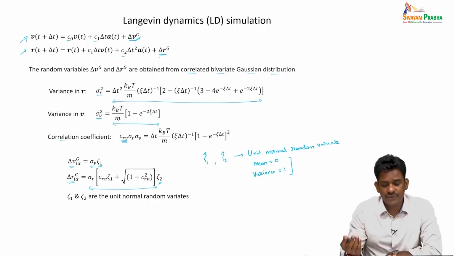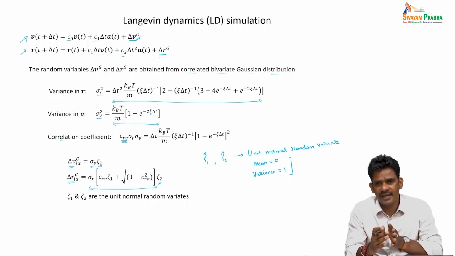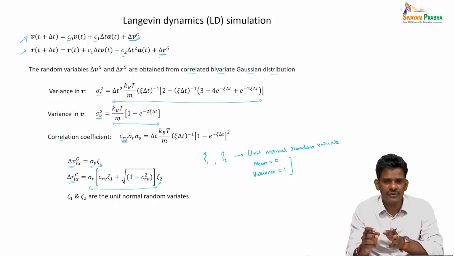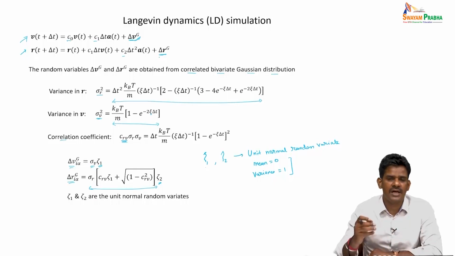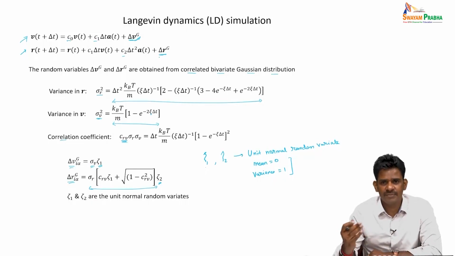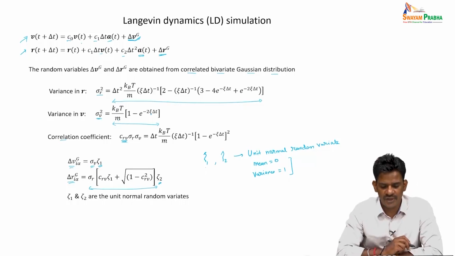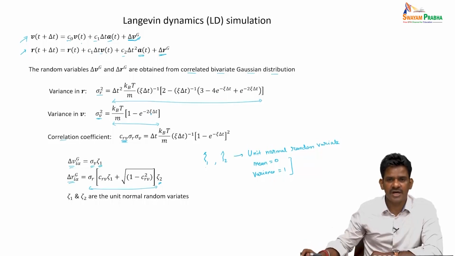So, apart from calculating forces at every time step like we do in MD simulations, we have an additional process where we draw random numbers at every time step that follow bivariate correlated Gaussian random variables, and those numbers go in here apart from calculating the forces and velocities, etc. This is the way in which Langevin dynamics is done as per Ermak's algorithm.